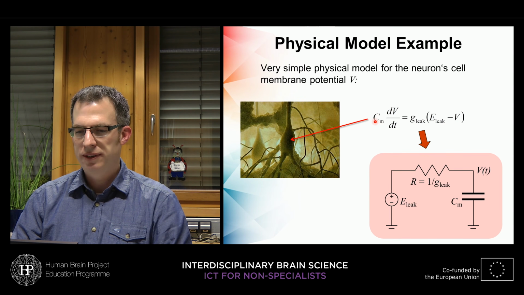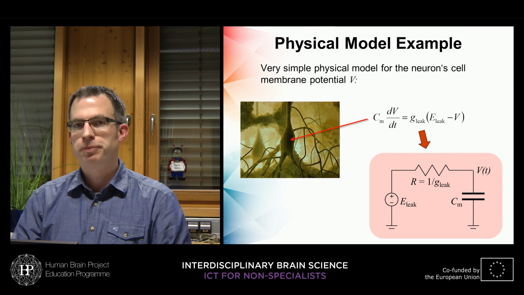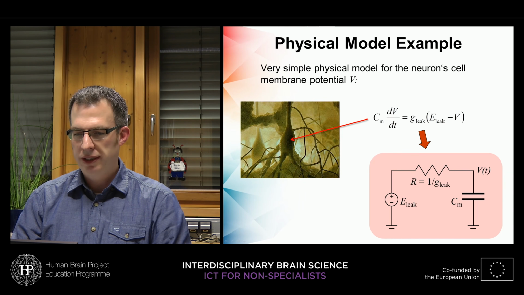That's the neuron cell membrane capacity, Cm, times the voltage derivative, and that's the current flowing into the membrane. And this equals the product of a leakage conductance times the difference between a resting or leakage reversal potential minus the membrane voltage.